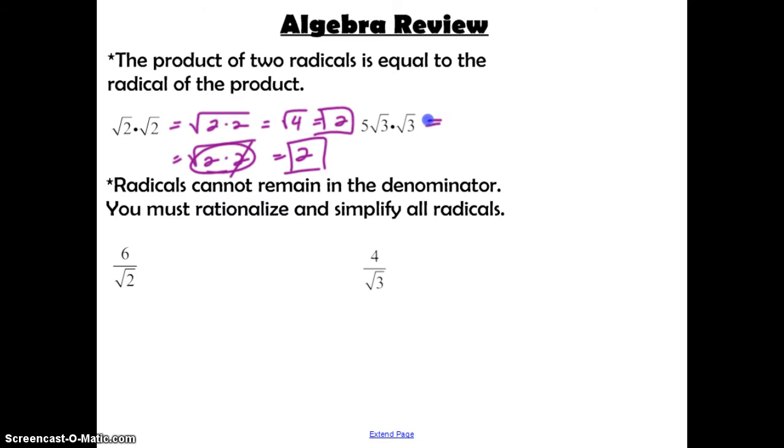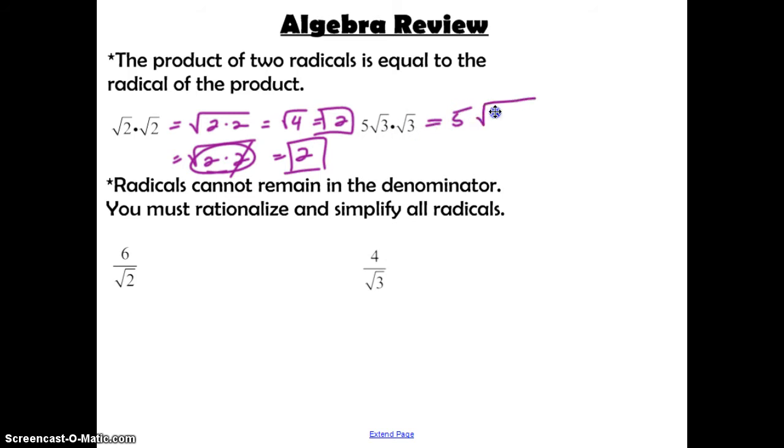So here, it's similar, but we have this first term has a number outside the radical. Numbers outside the radical can multiply, and numbers inside the radical can multiply, but you can't multiply them together if they're not both outside or both inside. So here the only thing we can do is that 5 stays, but we can multiply these two.